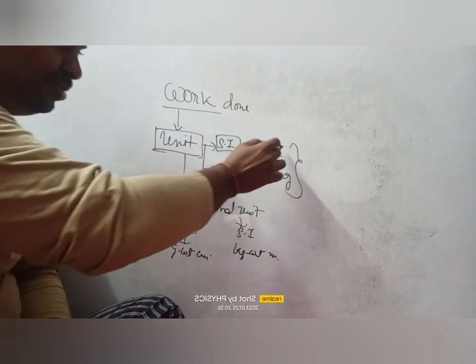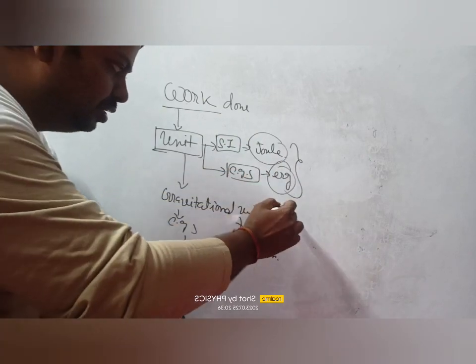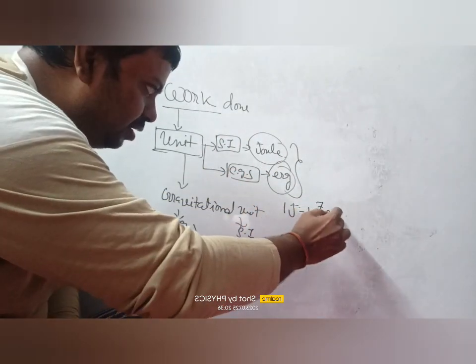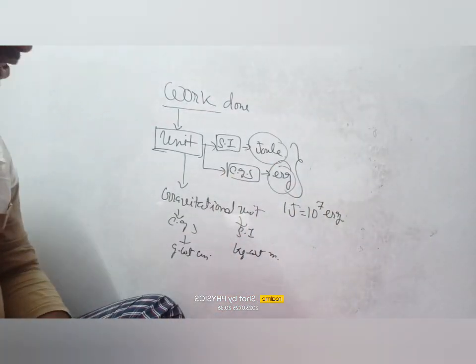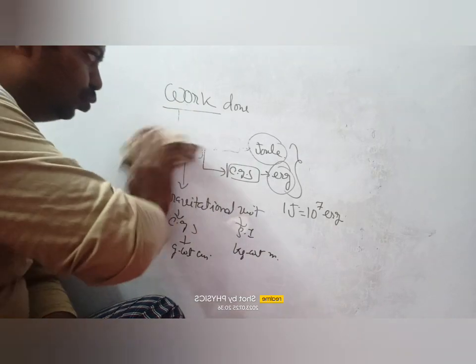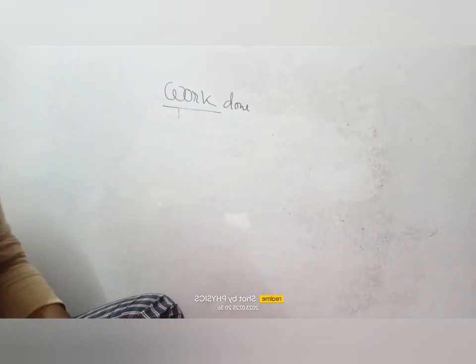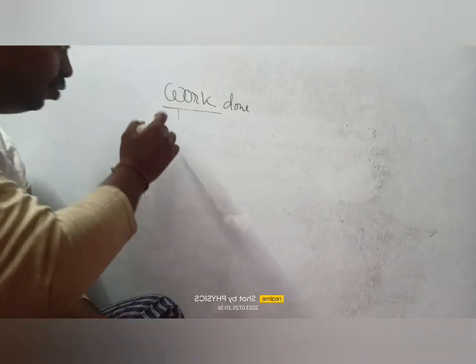Now what is the relation between joule and erg? 1 joule is equal to 10 to the power 7 erg. Okay, now let's move to the constant force.